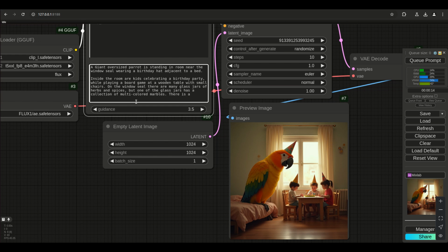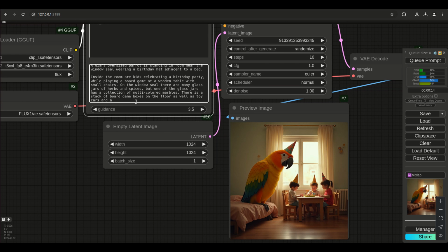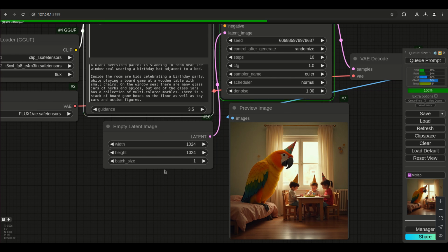There is a stack of board game boxes on the floor, as well as toy cars and action figures. Okay, so now that was pretty descriptive about these other things that are around.